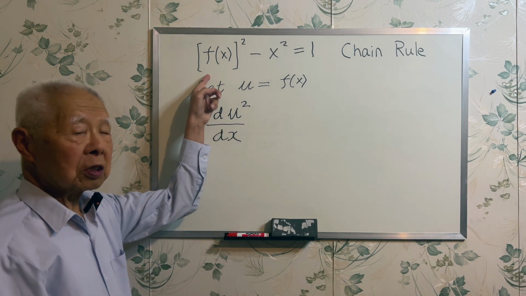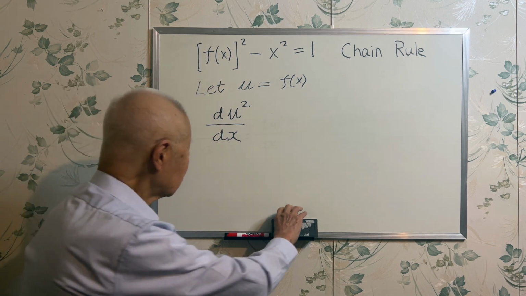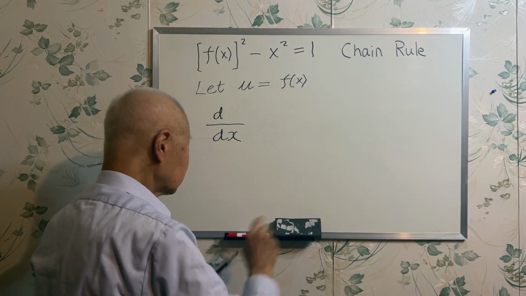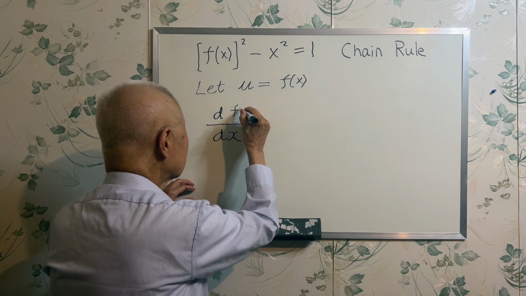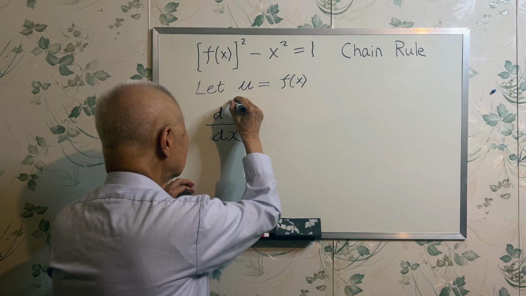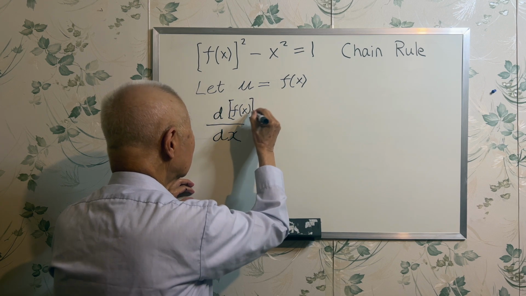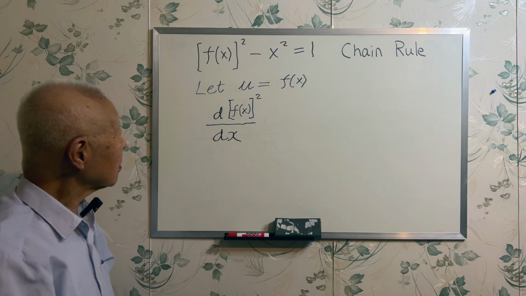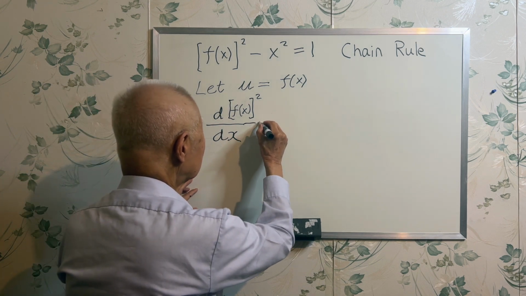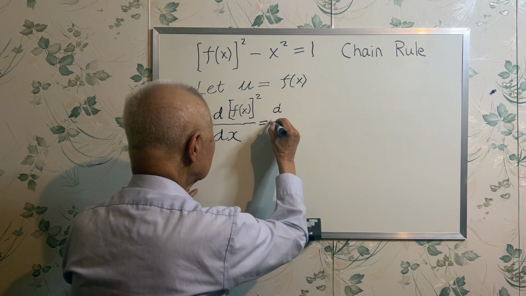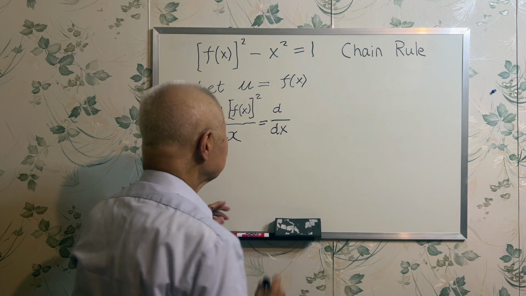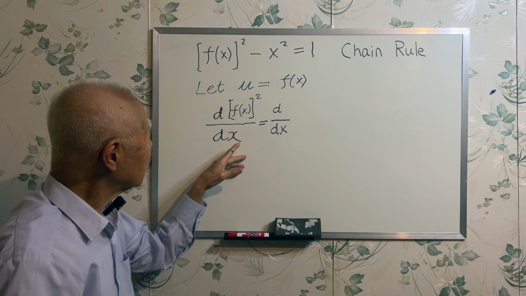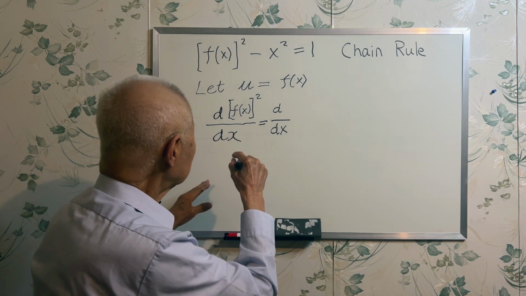So what is the derivative of this? Let me rewrite u as f of x squared.